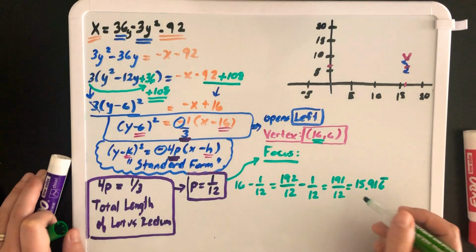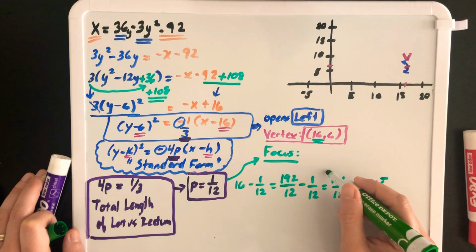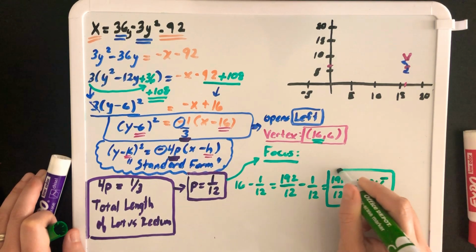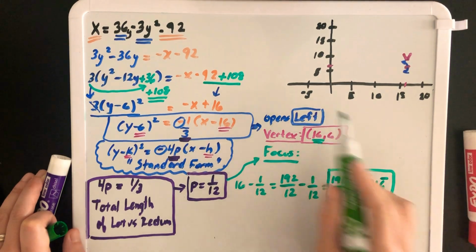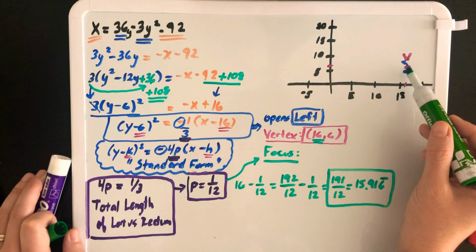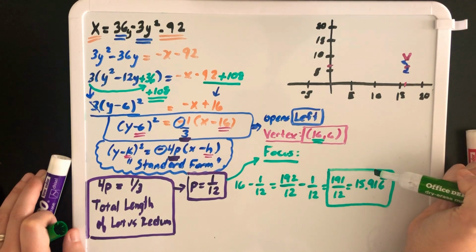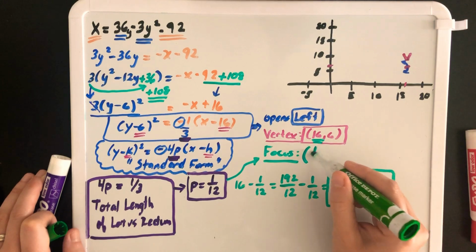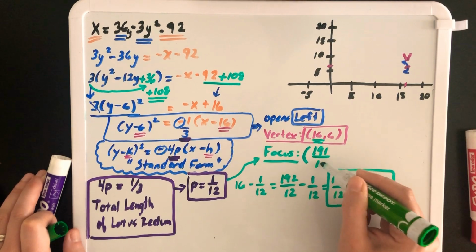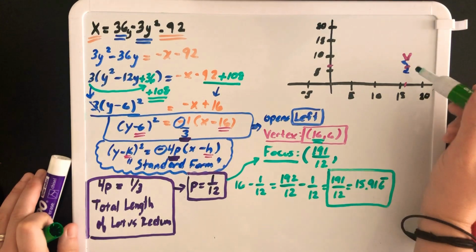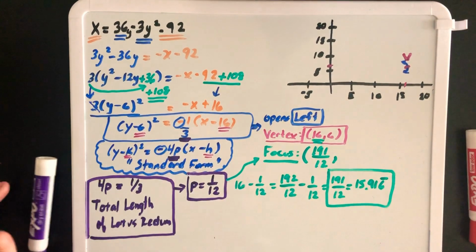Okay, so this is where I need to be. This is how many units I need to go from the origin, of course. Okay, so I'm talking about at the vertex. If I go 1/12 to the left, this would be the new x value of my focus. So the exact fraction would be 191 over 12, but the actual y value is still at 6, isn't it?